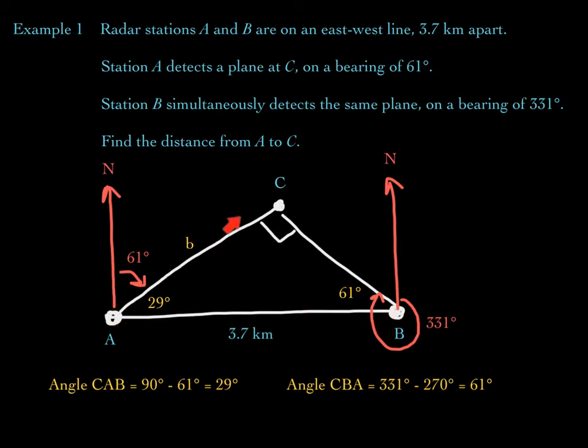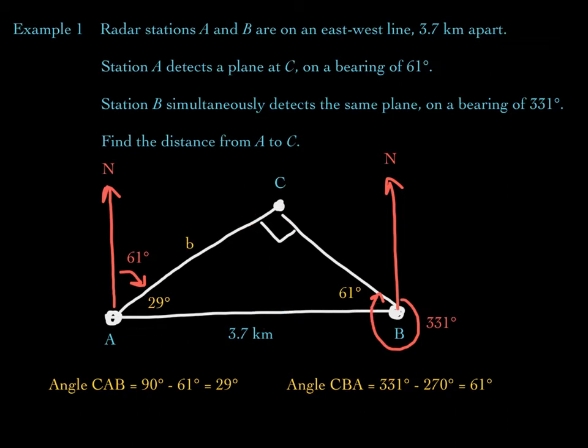Notice that the unknown is the side that is adjacent to this angle, 29 degrees. So I can say cosine of 29 degrees is adjacent over hypotenuse, and solve for b.